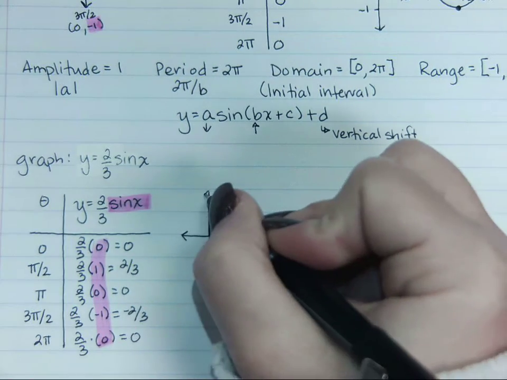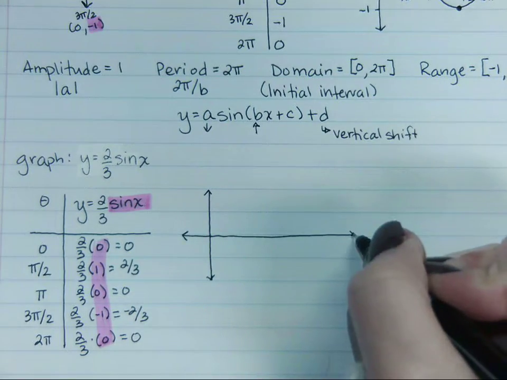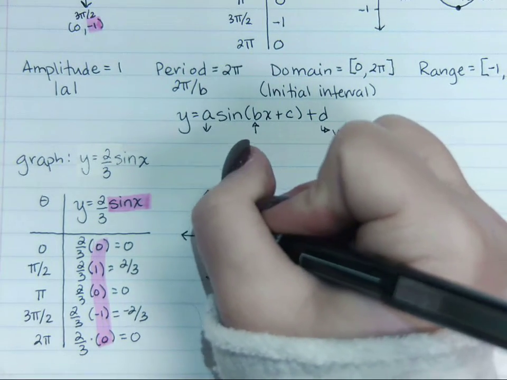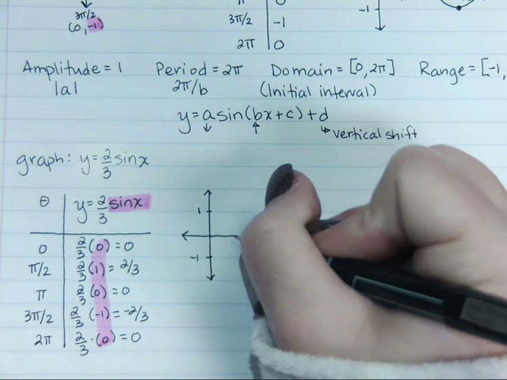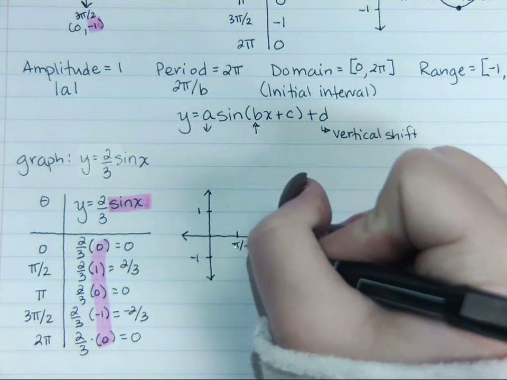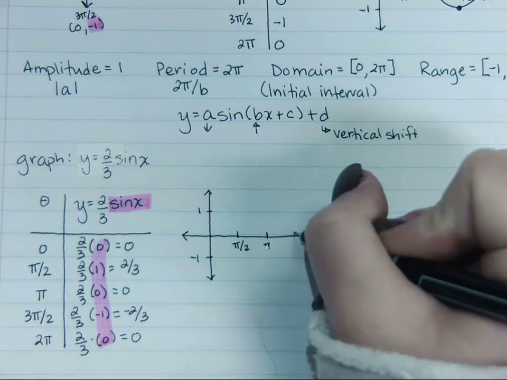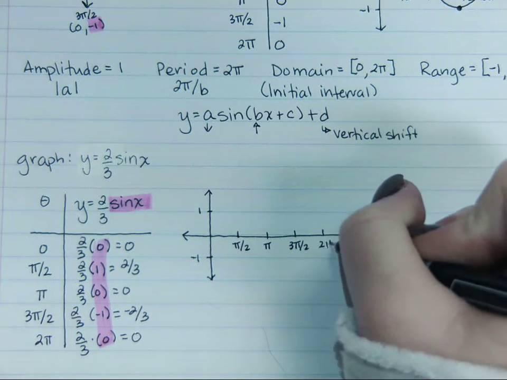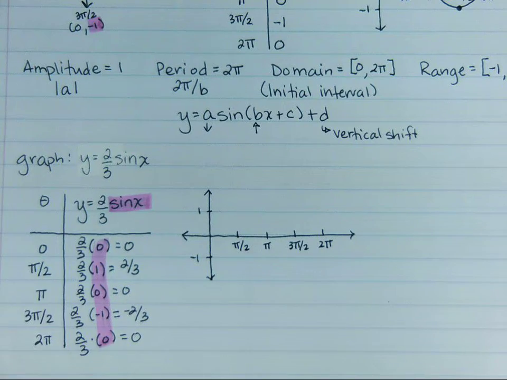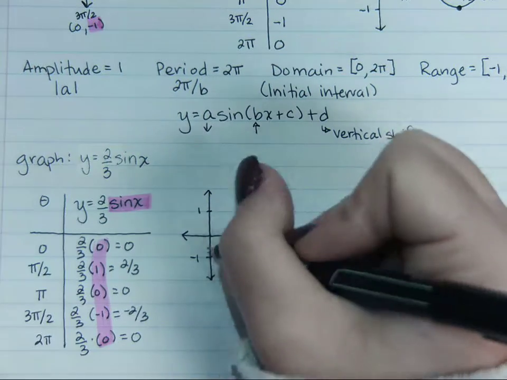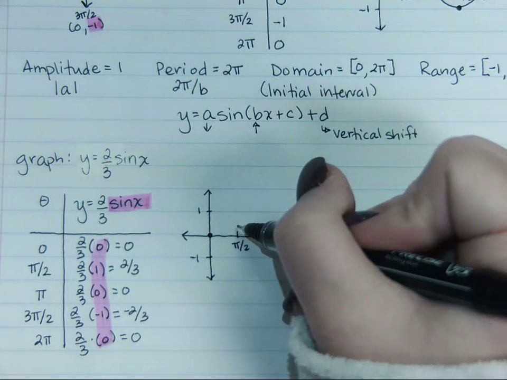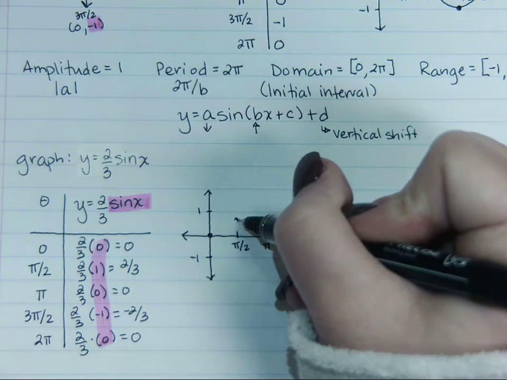And then we'll label some information. All right. So to make this a little easier, actually, let's just leave it alone. All right, try to make your tick marks nice and evenly spaced. Otherwise, your graph will not look like a nice curve. And so I'm really going to plot the coordinate 0, 0 again. But then at pi over 2, I only want to go up 2/3 of the way, which is right about here.